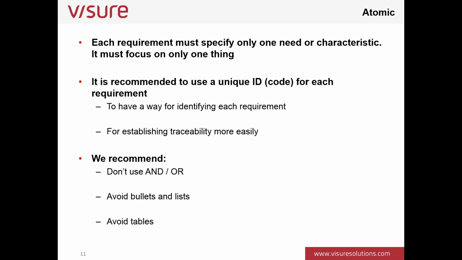Recommendation for keeping the requirement atomic: don't use and or or. As I said, this is a recommendation. Of course, you can use and or or inside your requirement, but when you read an and or an or in a requirement, just ask yourself, is this one requirement or several requirements?